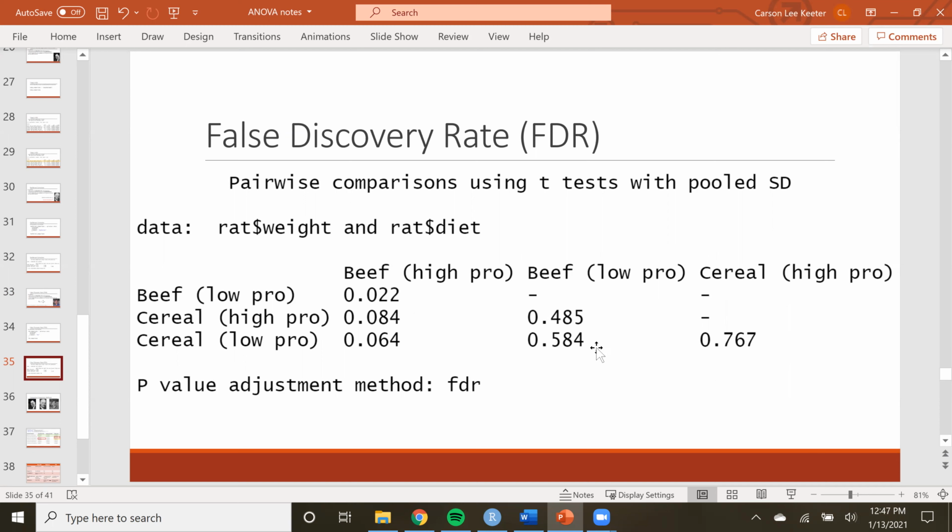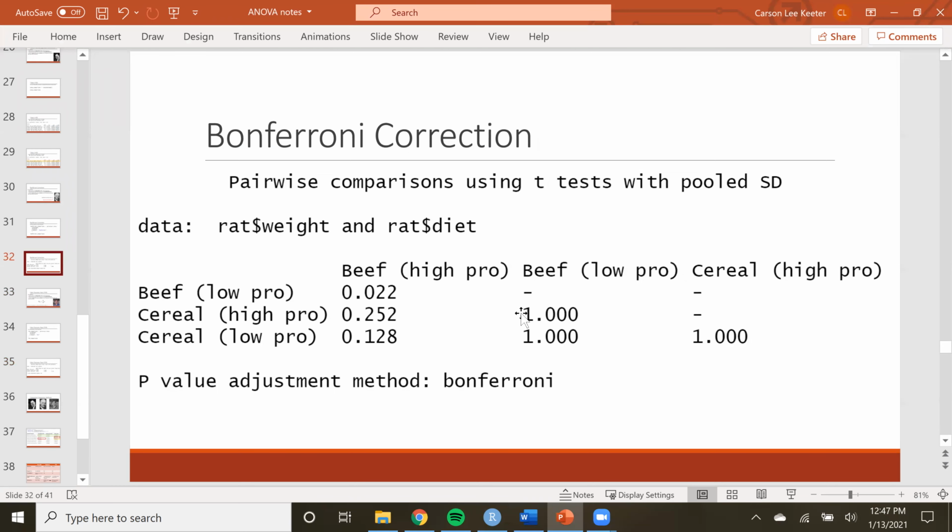These p-values still say there's no statistically significant difference, but they're not as far apart, at least on a population scale, if we analyze it in this way with this specific test.